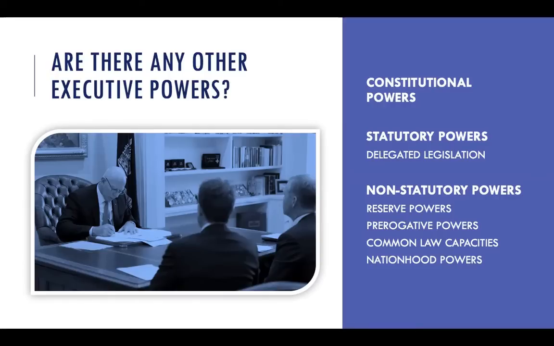So they regard powers to create a flag, to protect the symbols of the nation, to have a national anthem, but also to protect the land because of its sovereignty from invasion, or to extradite or expel aliens. So these are all developments of this idea of nationhood powers.